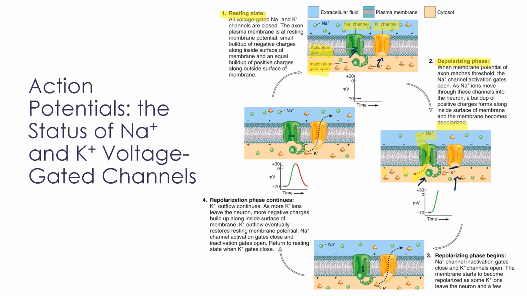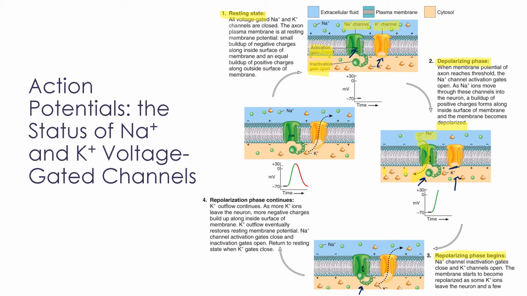This plug starts to close the sodium channel as soon as they open. And this inactivation gate completely plugs up the sodium channel once the cell reaches positive 30 millivolts.